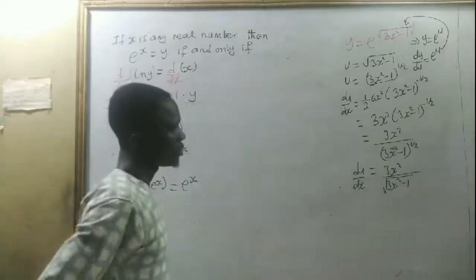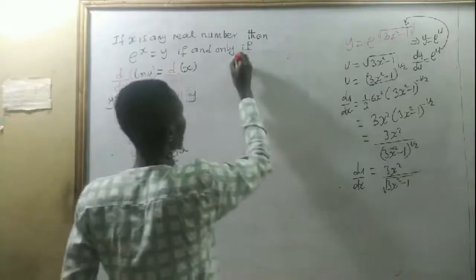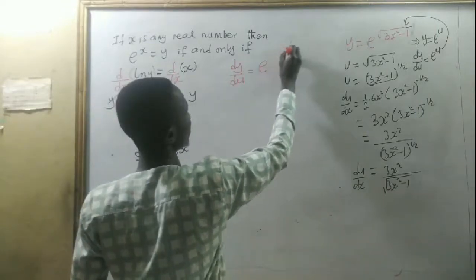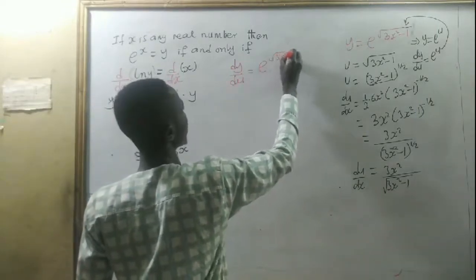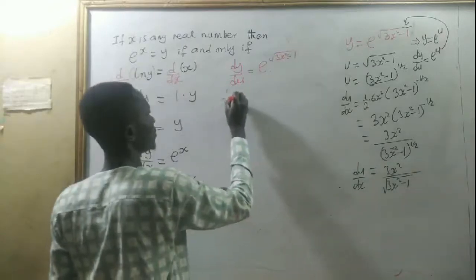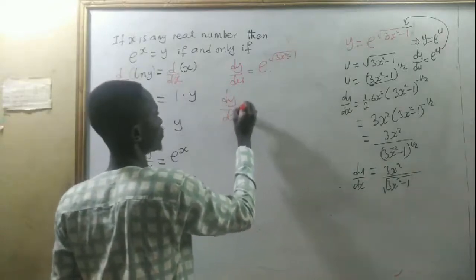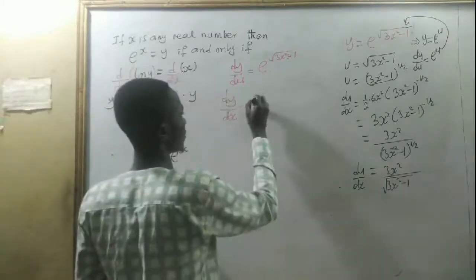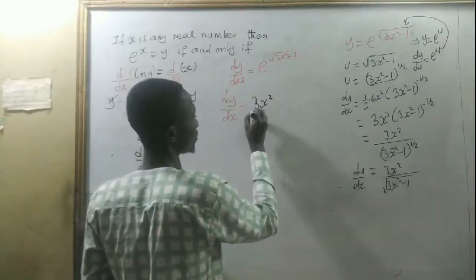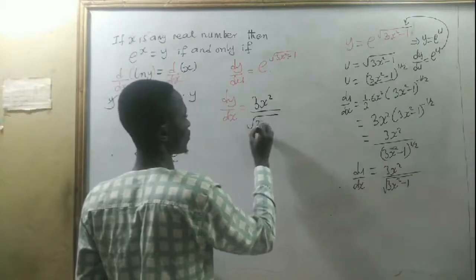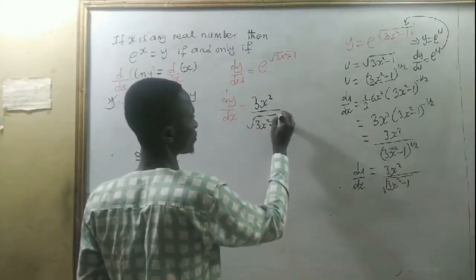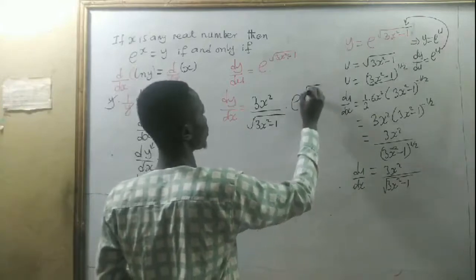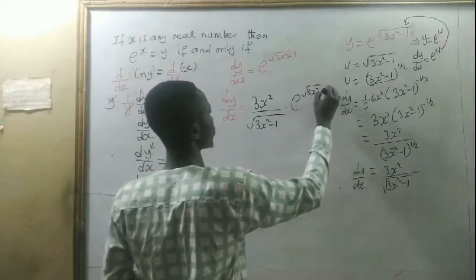So here we are going to have dy on du equal to e to the power square root of 3x squared minus 1. So here dy on dx will be du on dx, that is 3x squared divided by the square root of 3x squared minus 1, times e to the power square root of 3x squared minus 1.